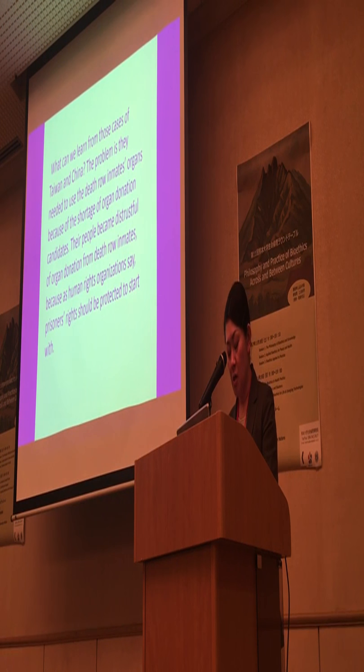What can we learn from those cases of Taiwan and China? The problem is that they needed to use death row inmates' organs because of the shortage of organ donation candidates. Their people became distrustful of organ donation from death row inmates because, as human rights organizations say, prisoners' rights should be protected to start with.